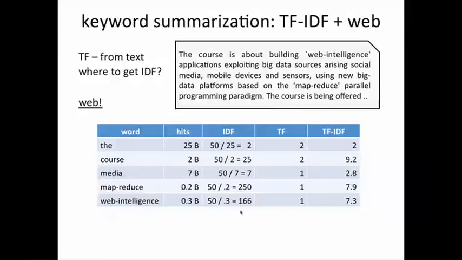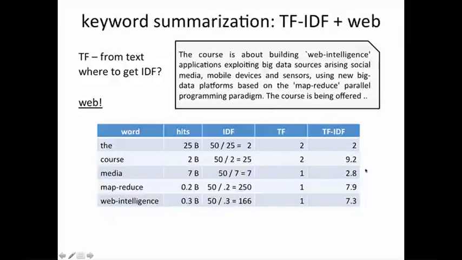We compute the ratio of the number of hits with 50 billion, which is our estimate for the total number of documents on the web, to get the IDF before taking logs. Then we take the log, multiply by the frequency of the term in the paragraph itself, and we get the TF IDF value.